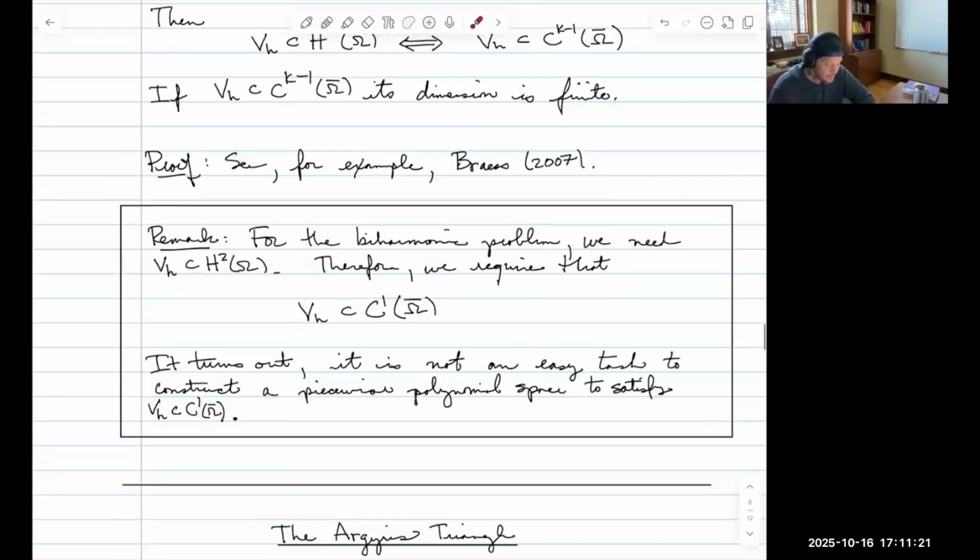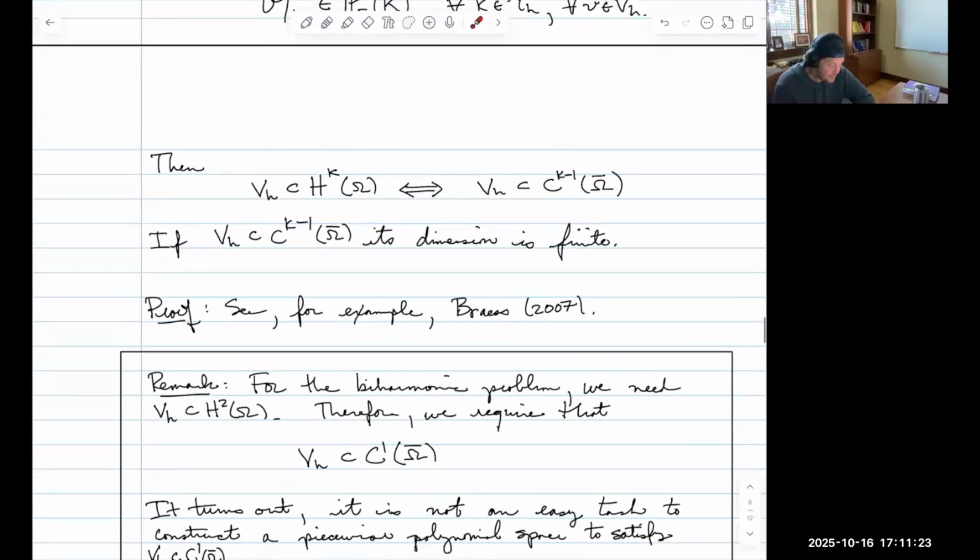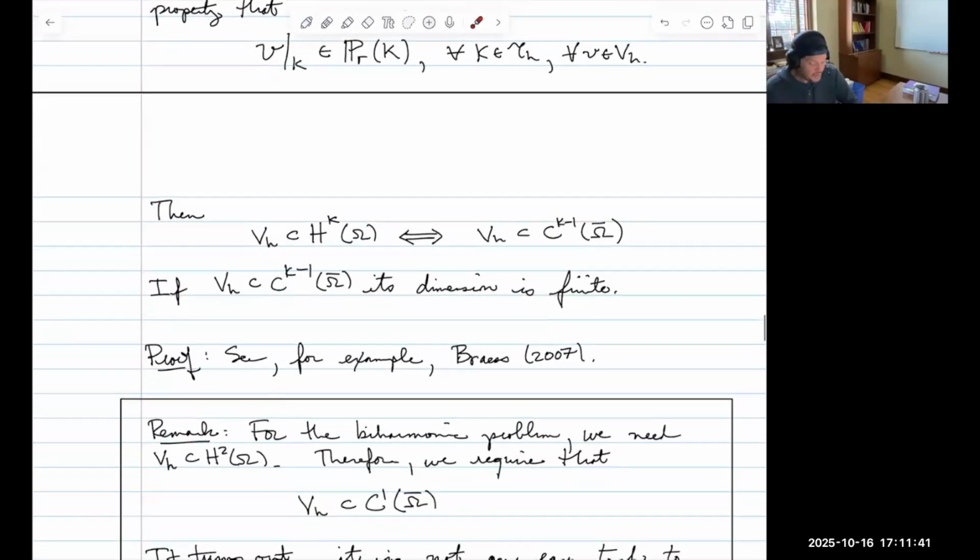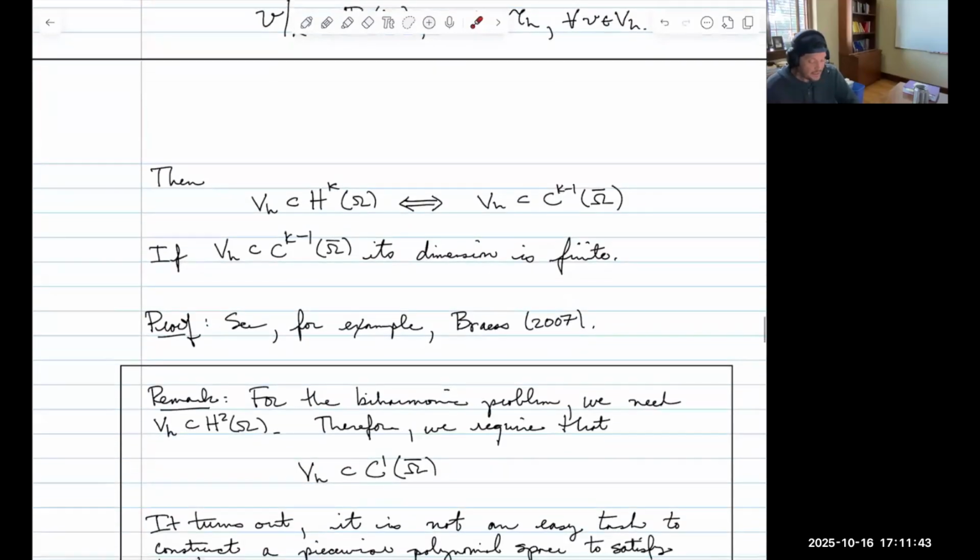So for the biharmonic problem, what do we need? We want this VH to be a subspace of H2, and therefore K has to be 2, so we need these functions to be globally C1. Globally C0 functions are easy to build, such that they're polynomials on each triangle. But asking them to be C1 is a lot harder.